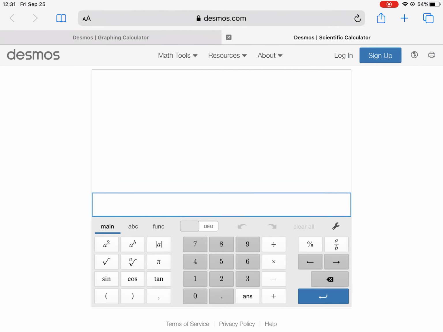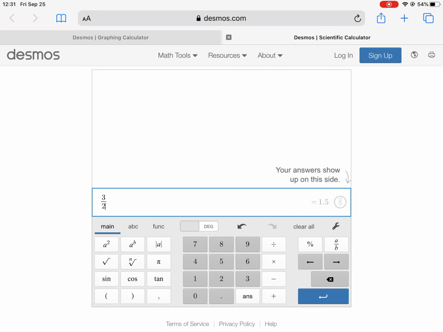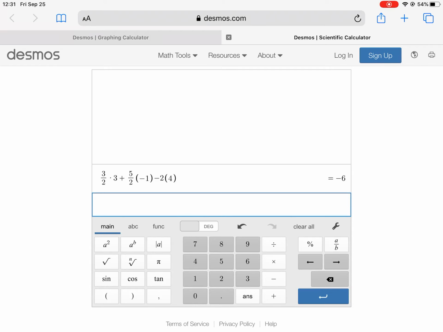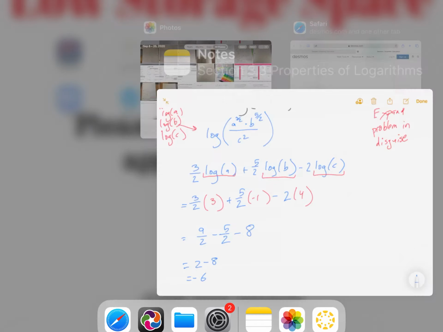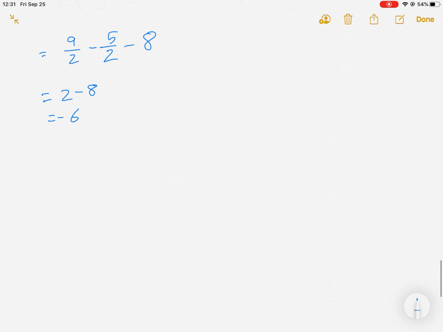So let's go to our calculator here. 3 over 2 times 3 plus 5 over 2 times negative 1 minus 2 times 4. So it is in fact negative 6. It worked. Okay, and so that would be the final answer.